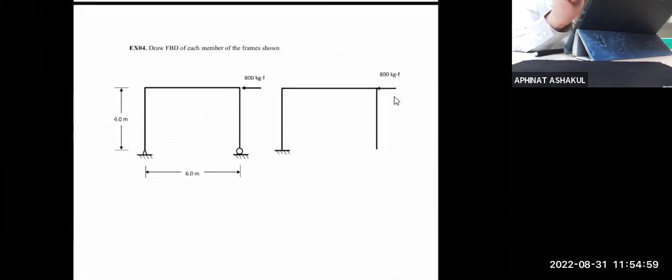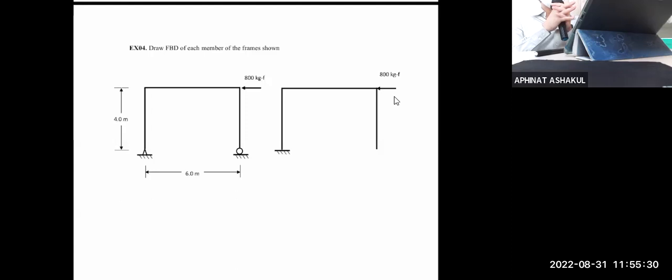Now, we have essentially the same frame, but I just play around with the support condition. Let's try to demonstrate to you what's going to happen. Again, it's your first job to identify the unknown reactions, correct? It's pretty straightforward that for both frames, you have 3 unknown reactions.